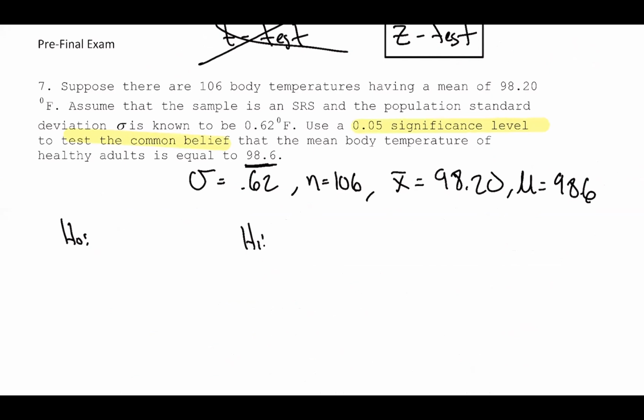So just be careful when you're labeling stuff, because like I said, if you mislabel anything, pretty much your whole problem is going to be incorrect. All right, so the null hypothesis should be your mu.